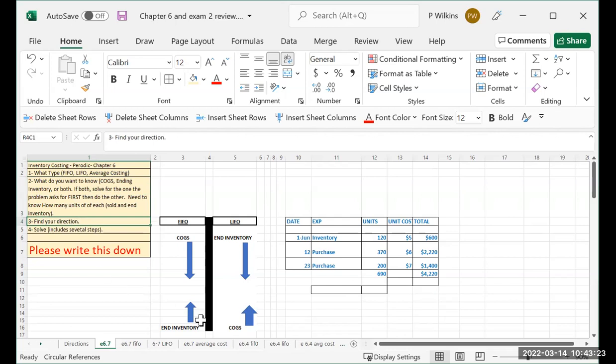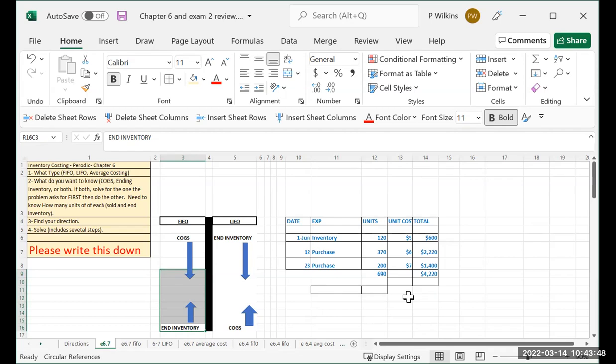So what's our direction? Ending inventory is at the bottom on the FIFO side. So we're going to go from the bottom up until we get to the number of units in ending inventory to figure out the cost. Sorry, we're not doing sold, we're doing ending inventory. So how many units were in ending inventory?